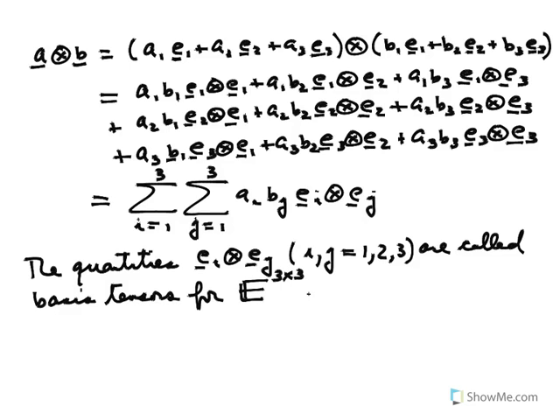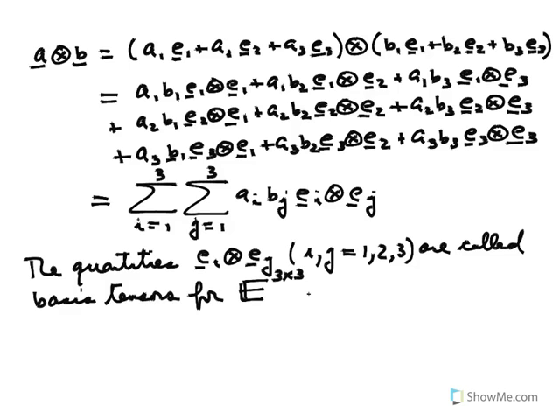Now, 3 by 3 Euclidean space implies that there would be 9 quantities needed to represent any instantiation of a tensor, right? And you can see that there are 9 basis tensors, because EI circle cross EJ, I and J go from 1 to 3, so there are 9 basis tensors.